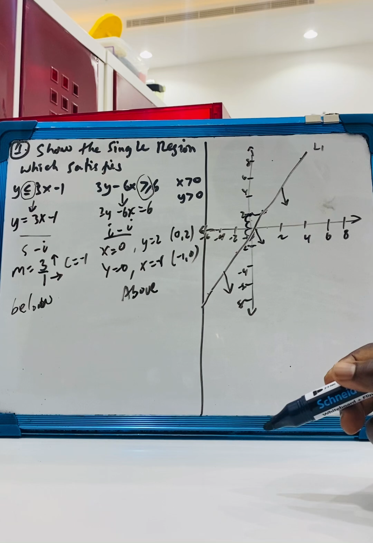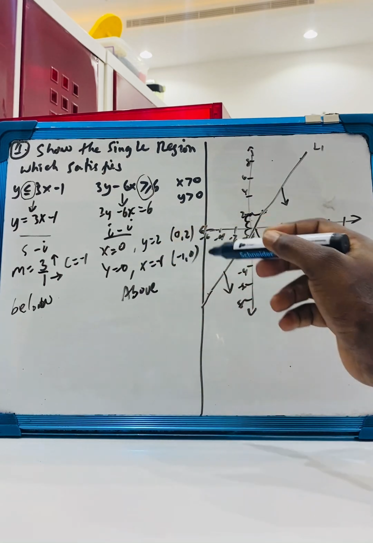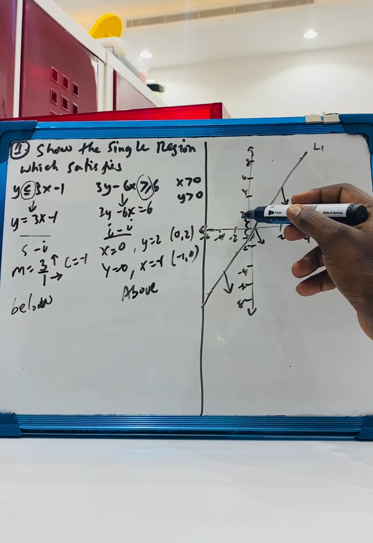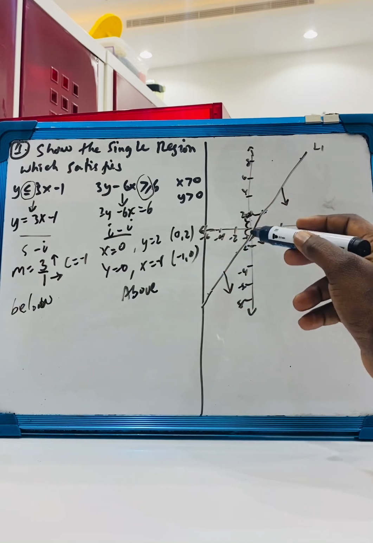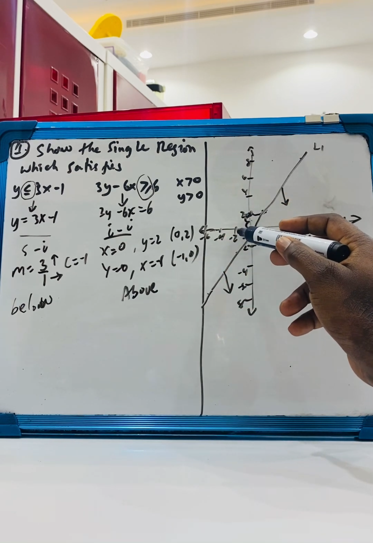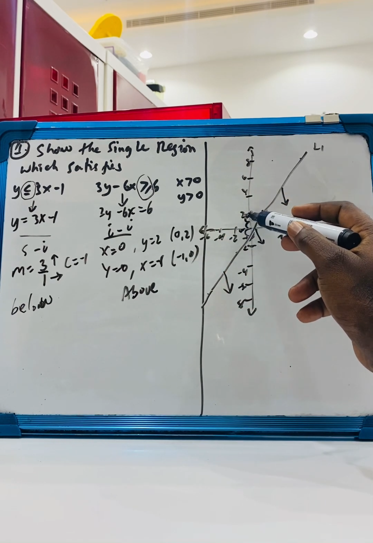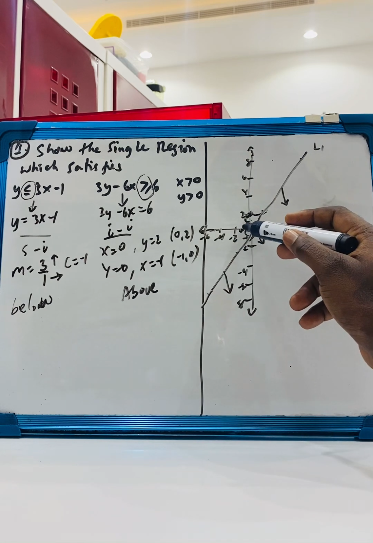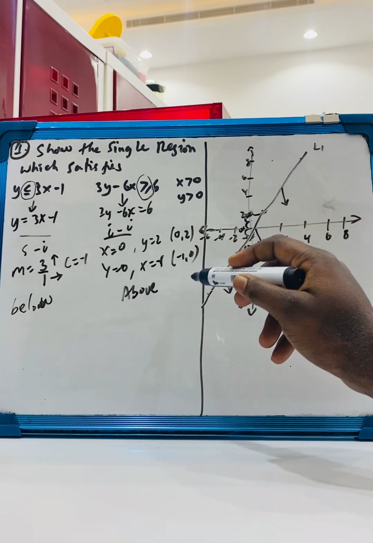Let's graph the second line. We have the 2 points already. One point is (0, 2) right here. The next point is negative 1, 0, also here. So when I have this and this, I can draw my line.